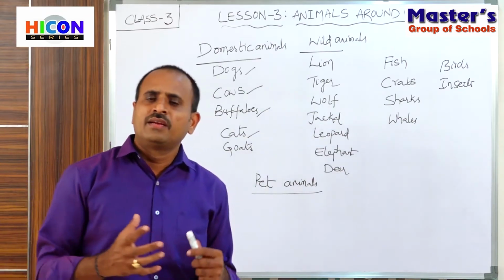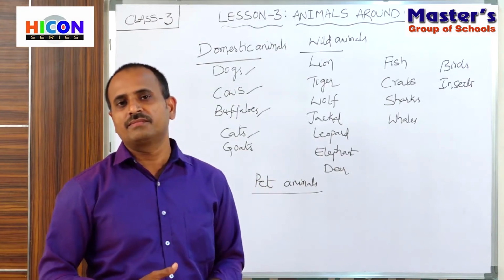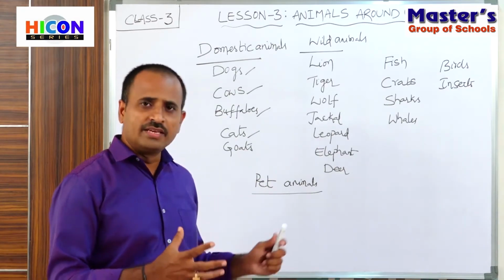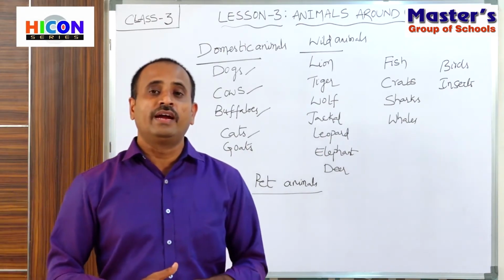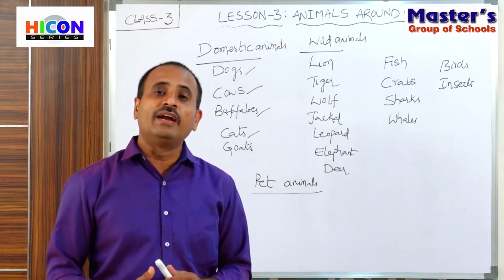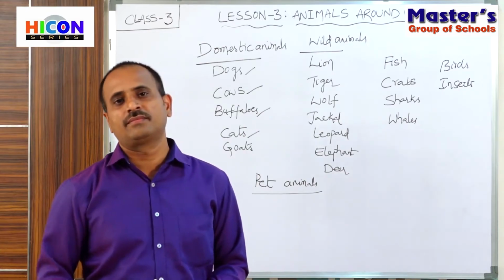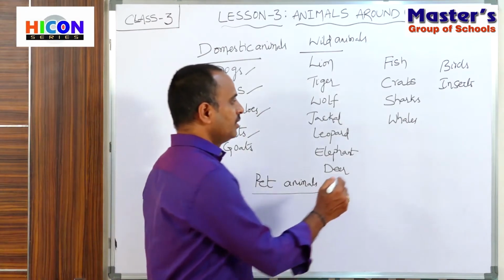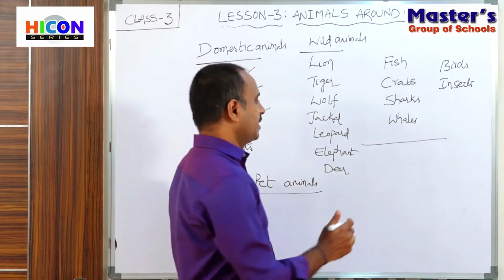If they do not have food, they do not get energy. That's why all these animals and all living organisms need food. Because of this food they will get energy, and they can grow up and build up their bodies. What are the uses of food?